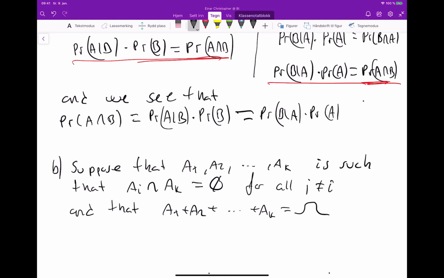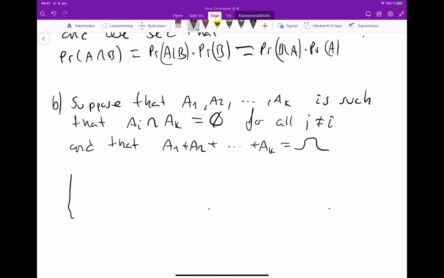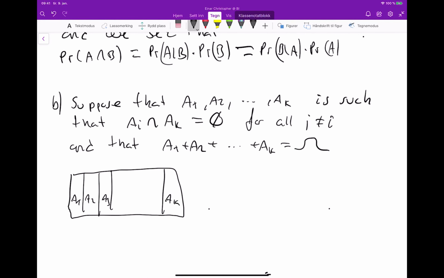So how can we visualize this? Because that's actually very important. We could have A1, A2, A3, and then we maybe have A4, A5, A6, and then we end with AK.